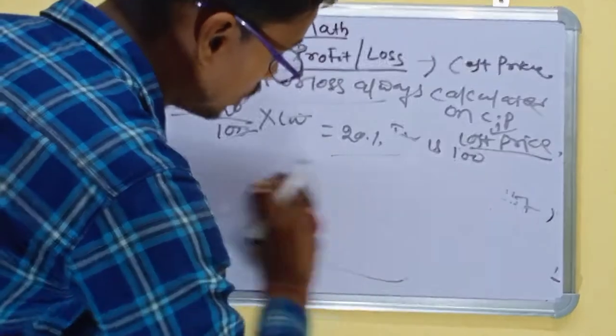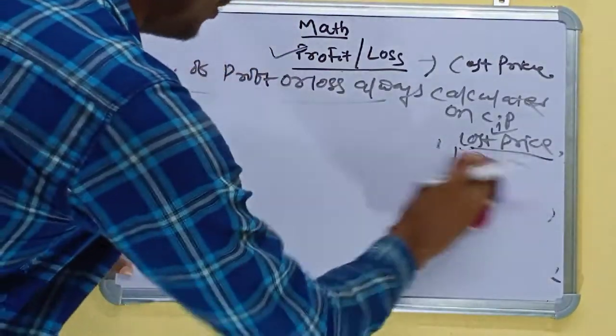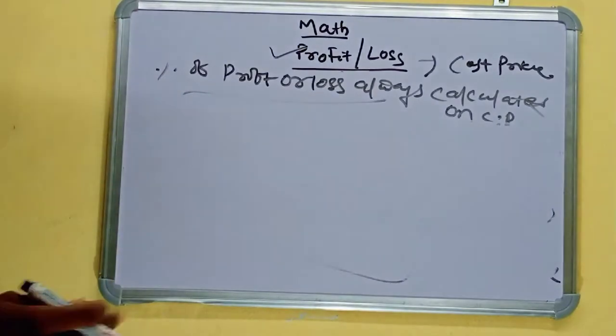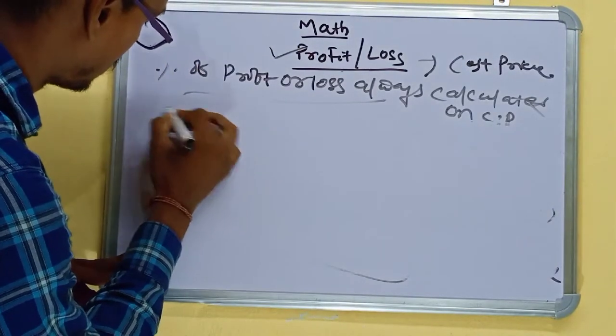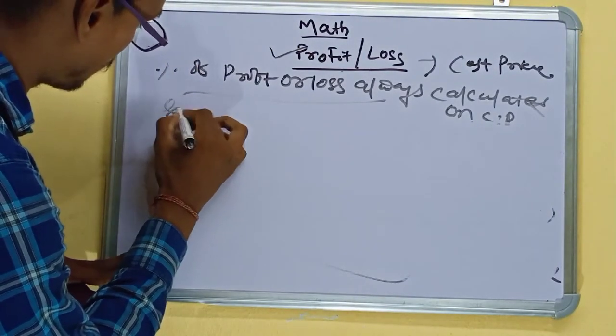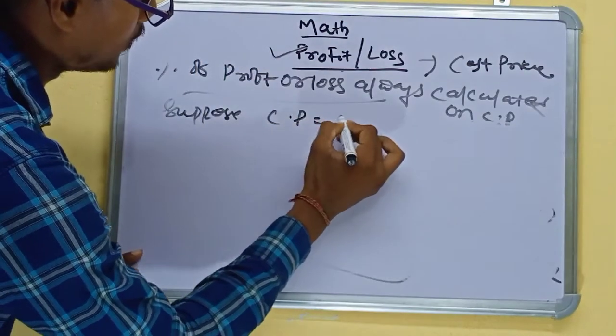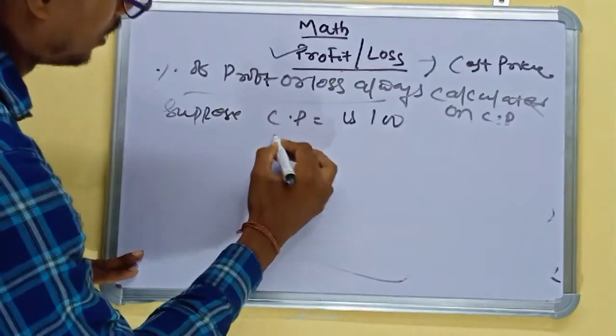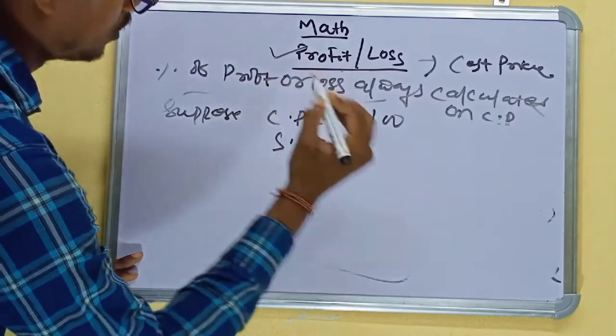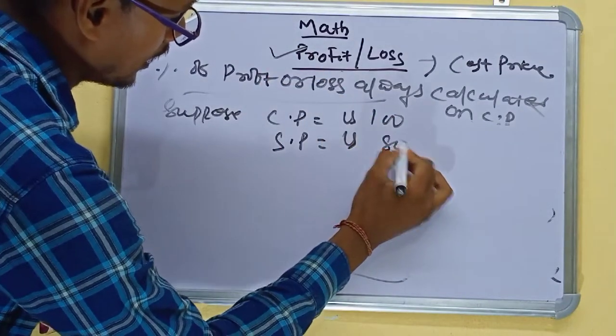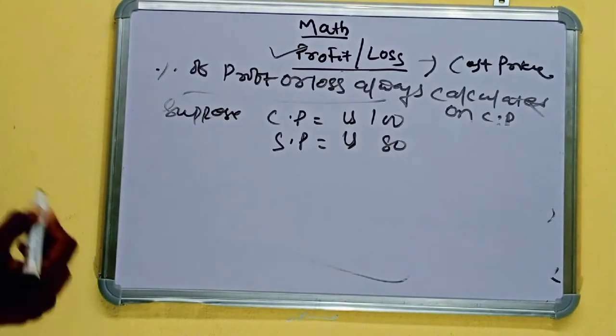In another example we know how to calculate the percentage of a loss. Suppose CP is equal to rupees 100, SP is equal to rupees 80.